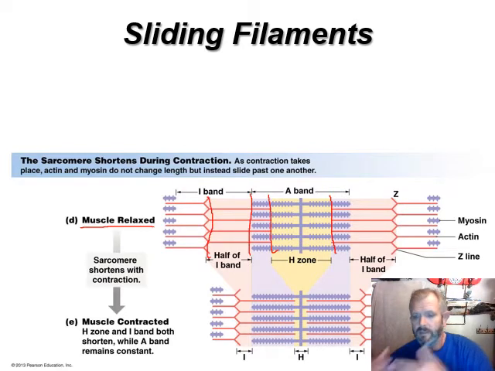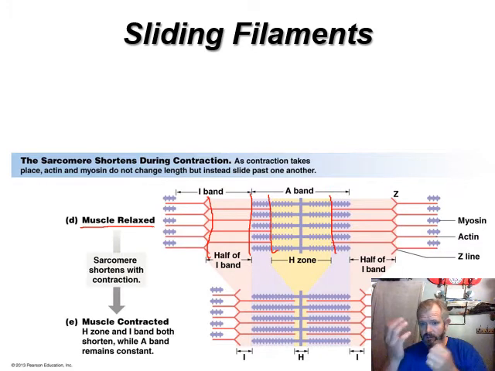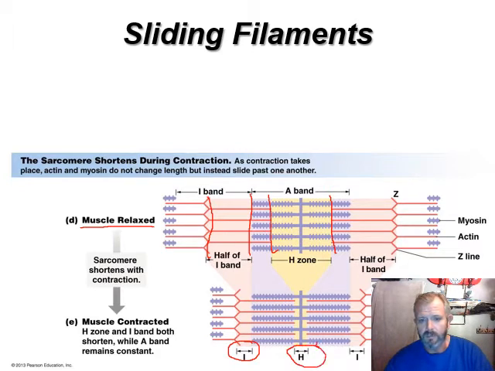And so when those myosin heads are pulling the thin filaments towards one another on each end of the sarcomere, what happens is the thick starts ingressing into the I band. So the I band, you can see, gets shorter, and the H zone, where there was only thick filament, now the thin filament is encroaching as it slides, and we get the H zone also getting smaller compared to what we see in relax.